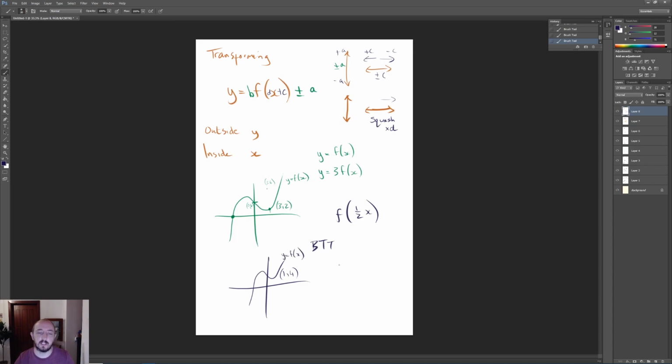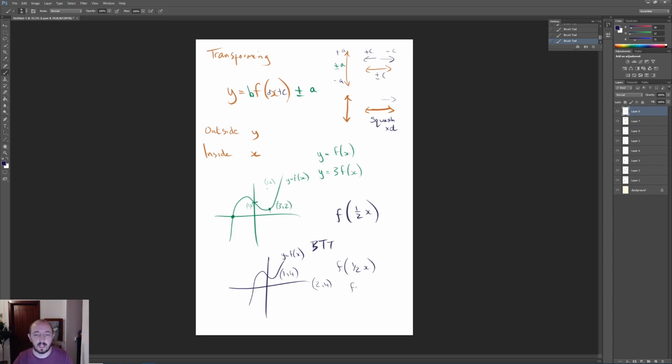What will happen if I do f of half x? Okay, where will that new coordinate be? So if we think about it, the half x is inside the x brackets and it's multiplying, so multiplying by a half, it's going to do the opposite of what you think. It's going to make it bigger by half in that direction, so it's going to be at 2,4.